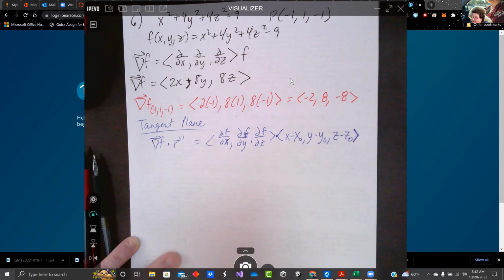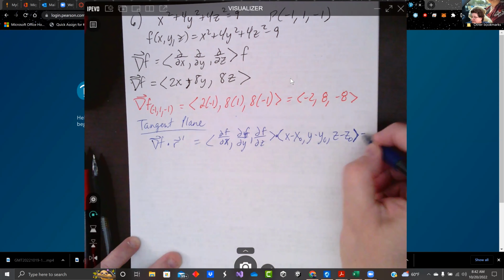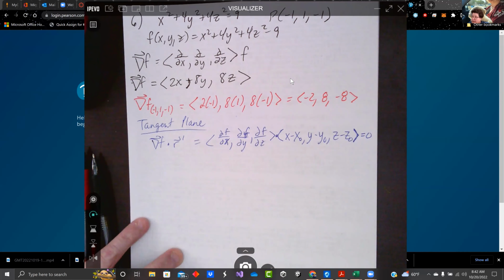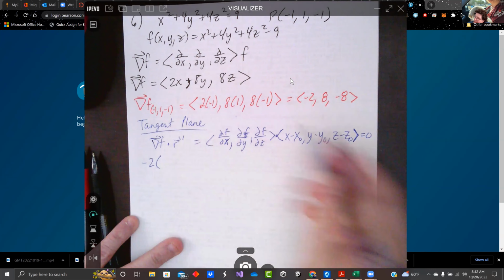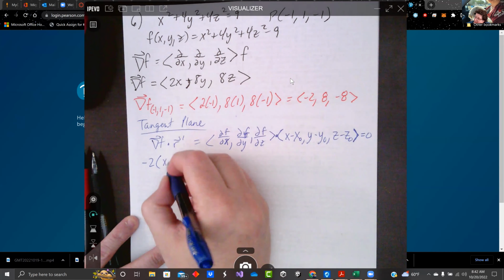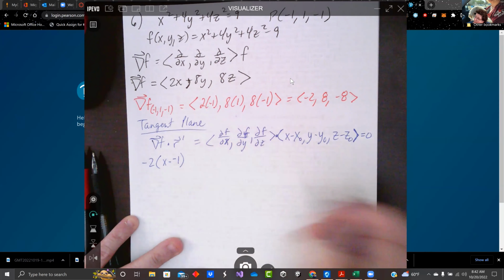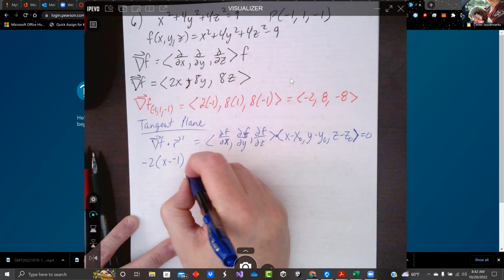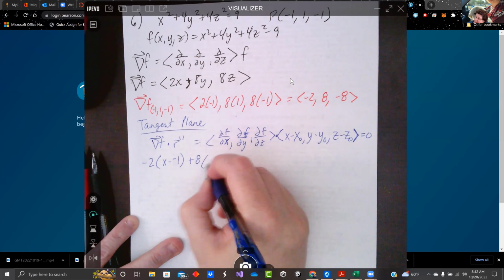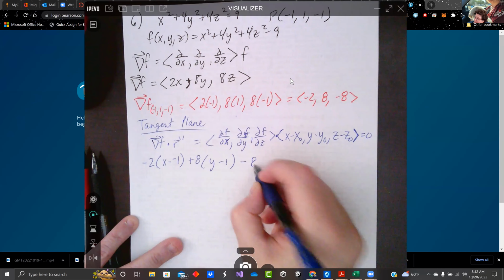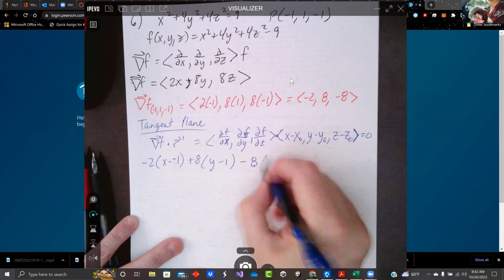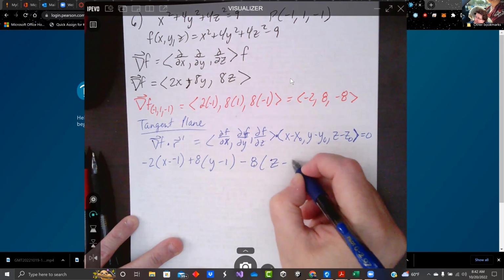And that equals 0. That's the tangent plane. In this case, that is -2 times x minus -1, plus 8 times y minus 1, minus 8 times z minus -1.